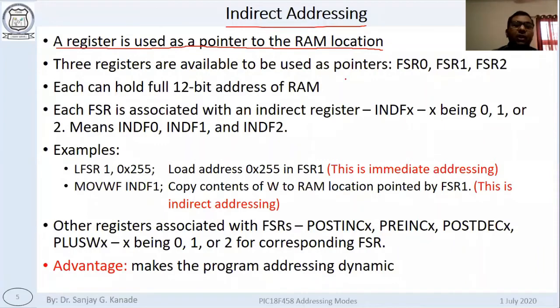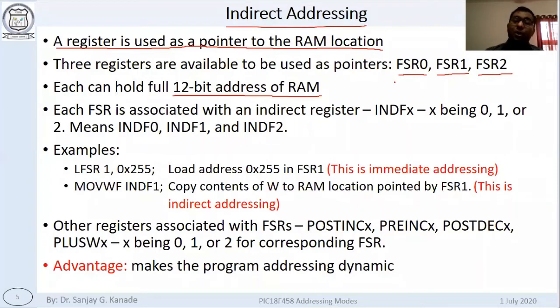We have three registers which can be used as pointers: FSR0, FSR1 and FSR2. Each of these registers can hold a 12-bit address of RAM, the full address of the RAM location.